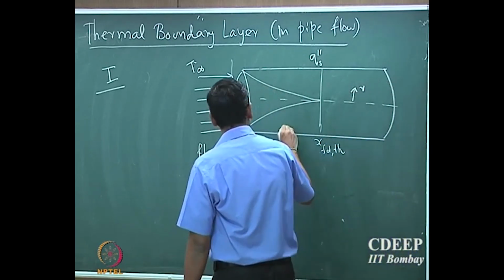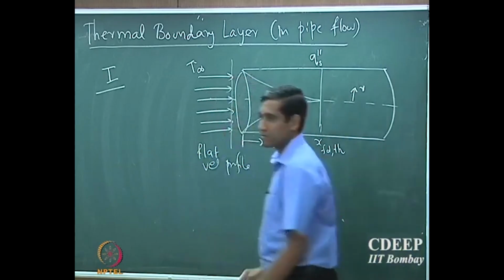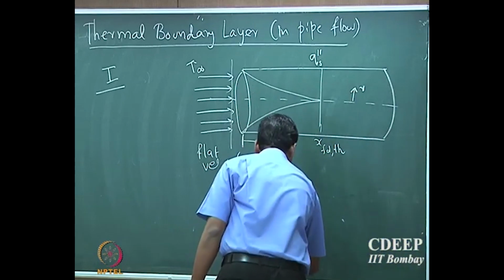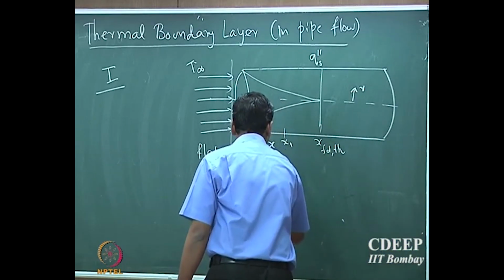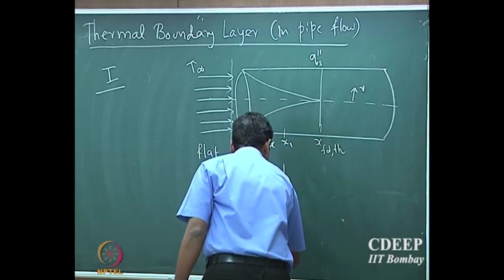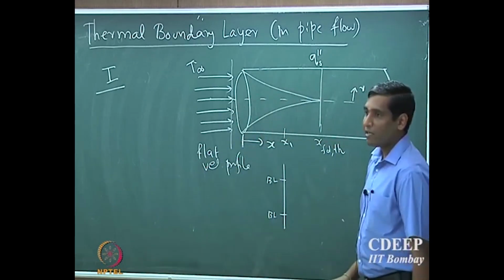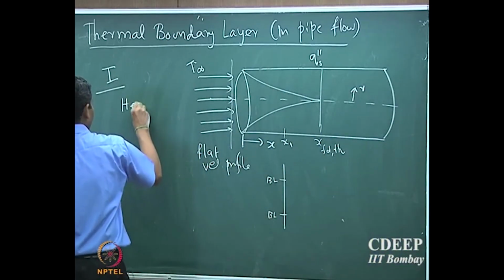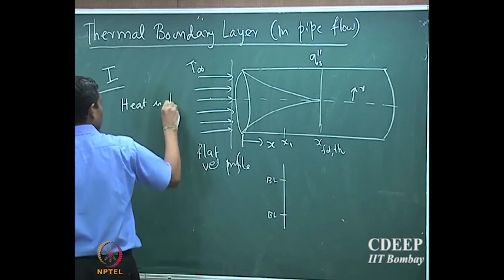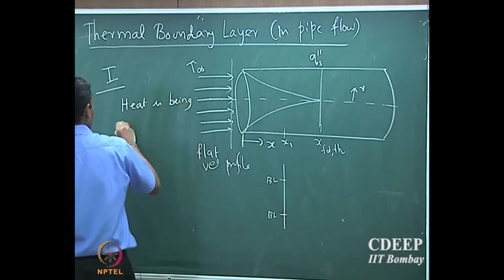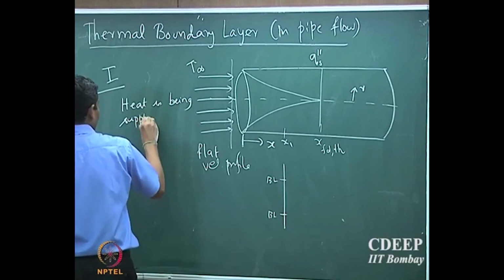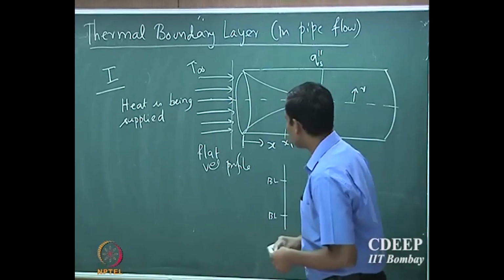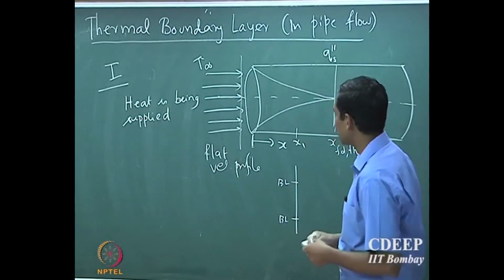So now what will be the temperature profile? Suppose I take x1. Okay. So I want to draw the temperature profile. So let's say that this is the boundary layer location. Okay. And the temperature, if I assume that the heat is being supplied to the fluid, okay.